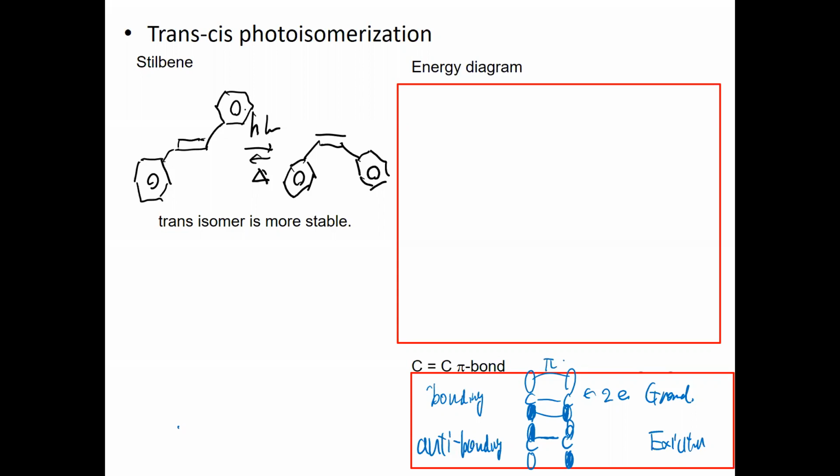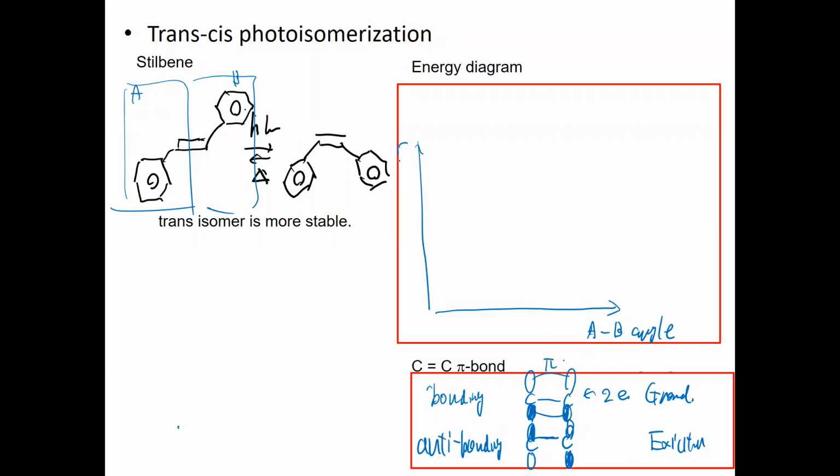Right? So what happens here is, if you think about the A plane and B plane and take the reaction coordinate as the A plane, B plane angle, and take the energy.